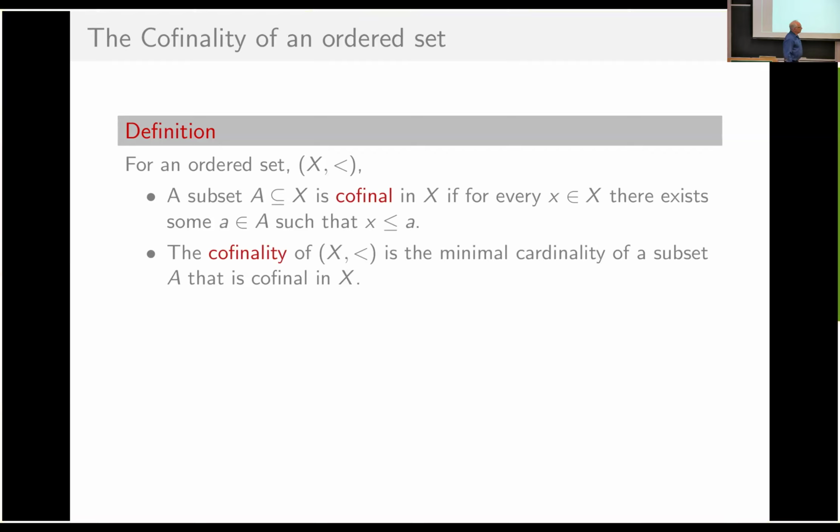So if this is my set X, and my set A is these elements, I say that A is cofinal if for every x in X, I have some element of A above it. And the cofinality of an ordered set X is the minimum size of an A which is cofinal in X.